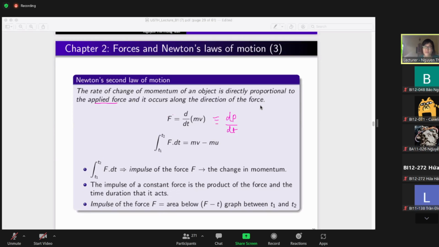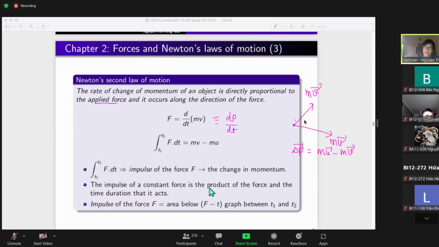Along the direction of the force means what? For example, you have initial velocity mv here, and after some time the change is mu, right? So delta p is mu minus mv.